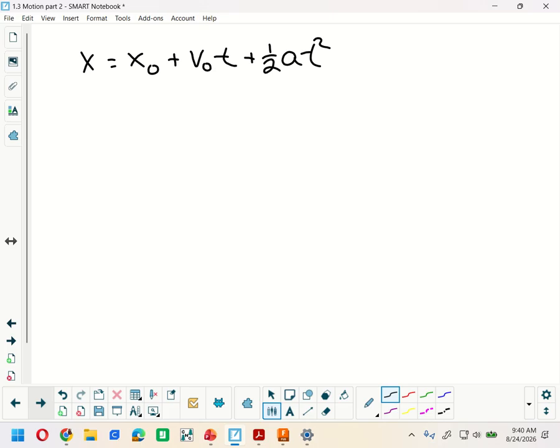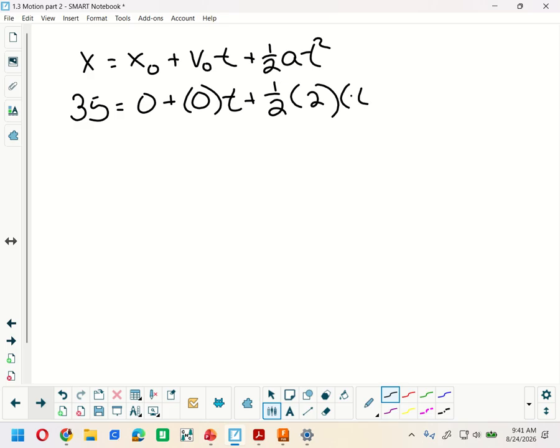So my change in X, my displacement here, I want 35 meters. My initial X is 0 meters. My initial velocity is 0 times my time, which I'm looking for, plus 1/2 acceleration, which is 2, and time squared.